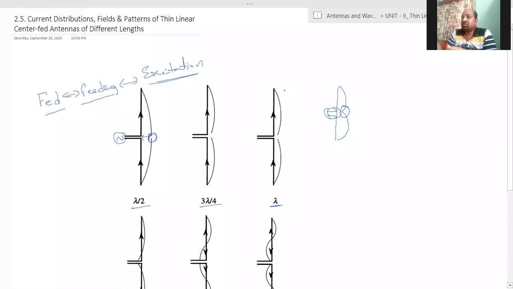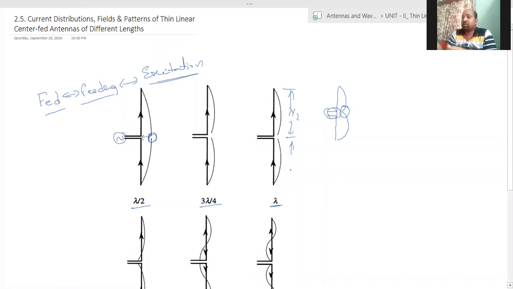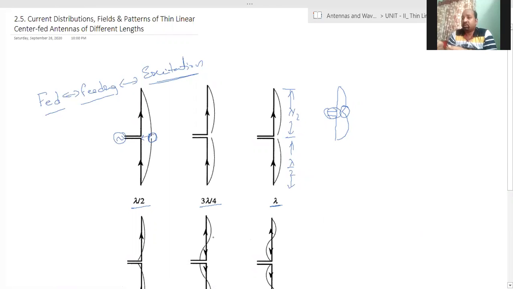Lambda means 2 half wavelengths. So this is lambda by 2, and this is another lambda by 2.